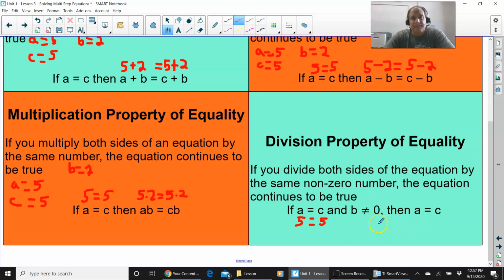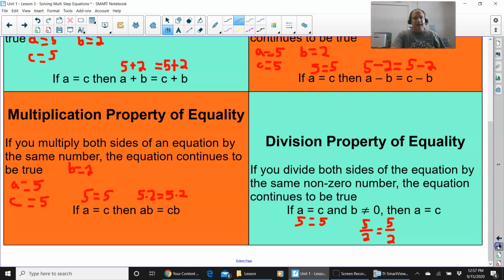So if B equals 2 again, and you divide 5 divided by 2, because A divided by B, then you take C, which is again 5, divided by B. 5 divided by 2 is 2.5. That's the division property of equality.